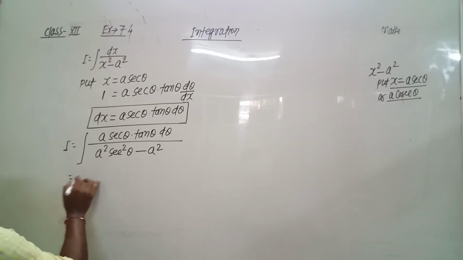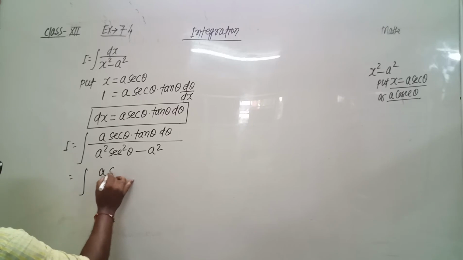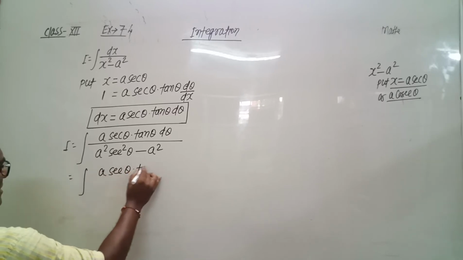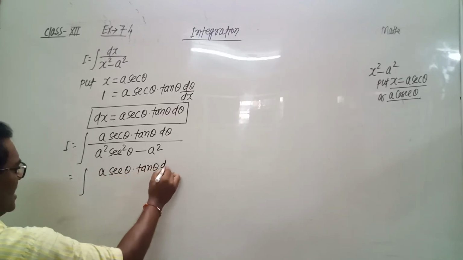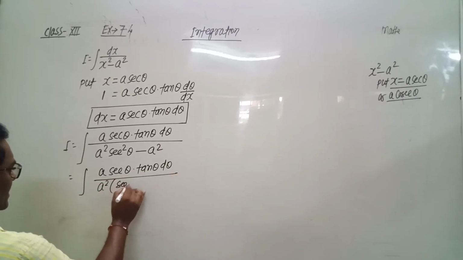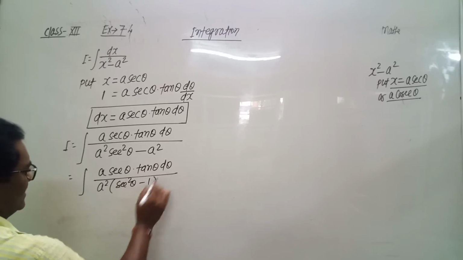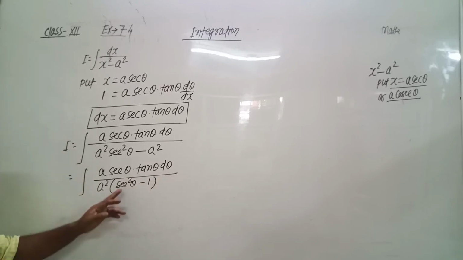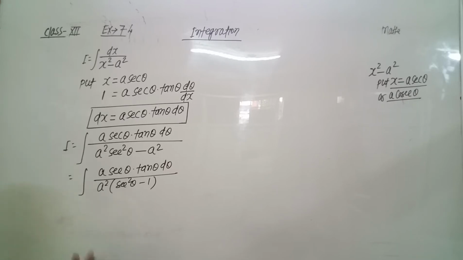So from the numerator there is sec theta tan theta d theta, and from the denominator we can take a square as common. So we get sec square theta minus 1, and we know sec square theta minus 1 equals tan square theta.